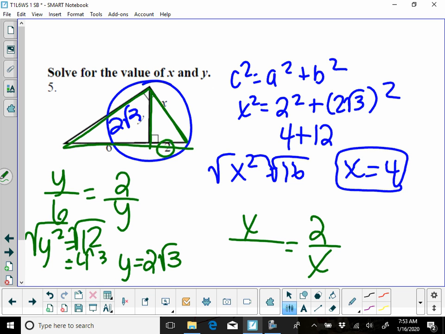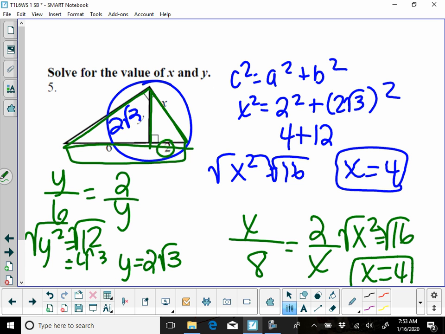And then the whole hypotenuse would be 6 plus 2, which is 8. Those can be switched, it does not matter. So when you cross multiply now, you get x squared equals 16. So still when you take the square root, you're going to get the same answer of 4. So it just depends on which way you want to do that. I'm going to try to use the songs as much as I can in our homework just to make sure that we're remembering those.